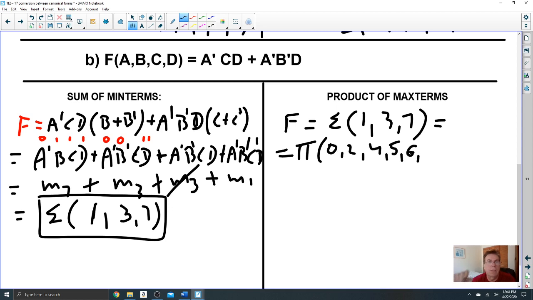And because this is a four-variable function, it has 16 terms, so it doesn't end with 7. It will go to 8, 9, 10, 11. So 7 we skip, and we'll have 8 all the way to 15. Alright, so this is our answer.